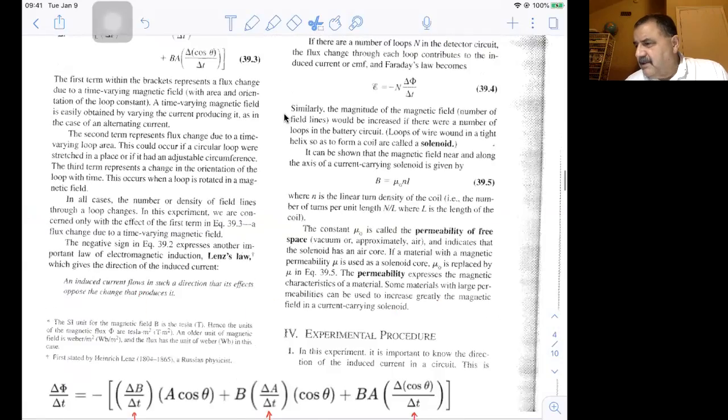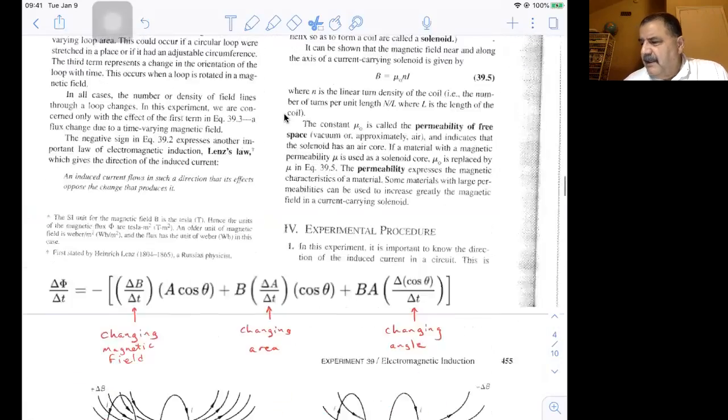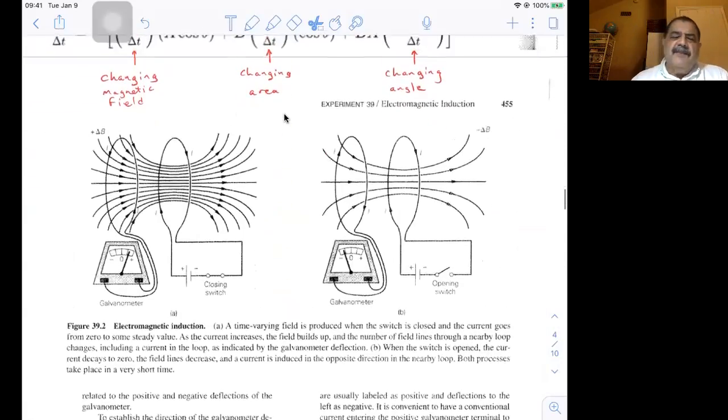Let's see if there's anything else that's important that we need to talk about. So we're going to set up experiments, and I've already got them recorded for you. We will be inserting a magnet into a coil, and we're going to see a deflection.